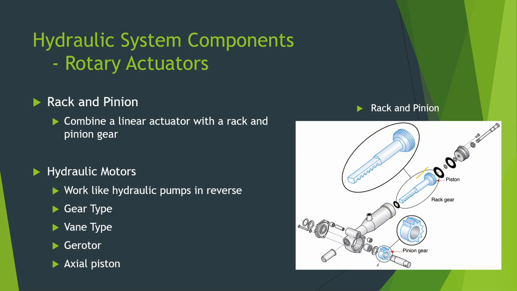If the rack is pushed to the left, that's going to cause my pinion gear in this setup to rotate this direction. Okay. And consequently, if we reverse the flow of fluid and we push our rack out to the right, that is going to turn the pinion gear the other direction.